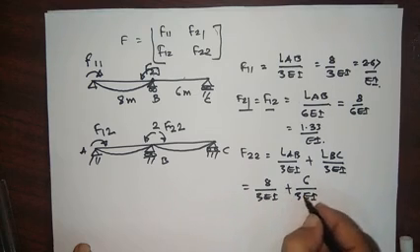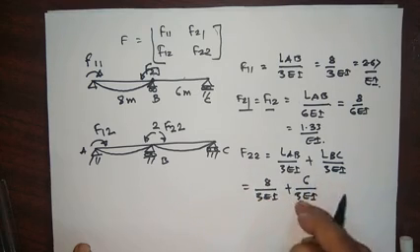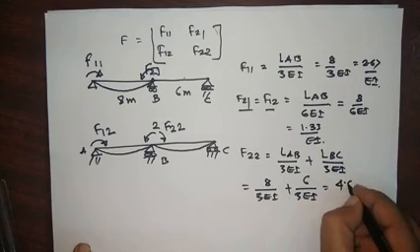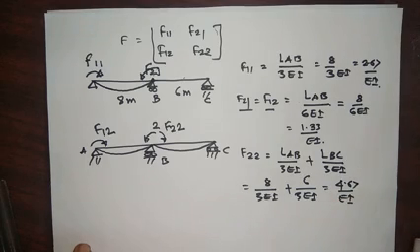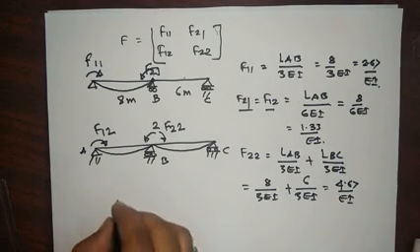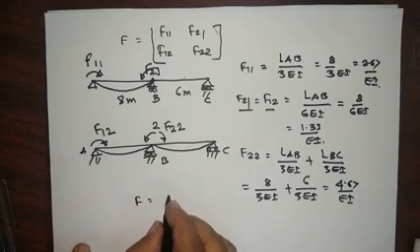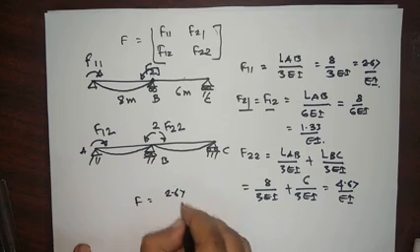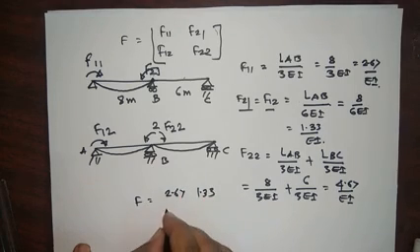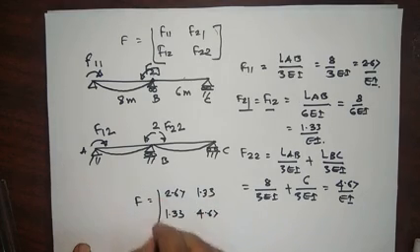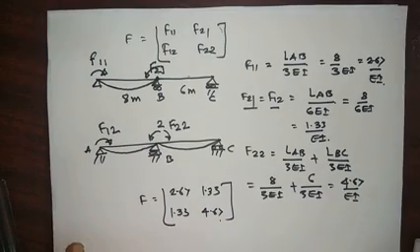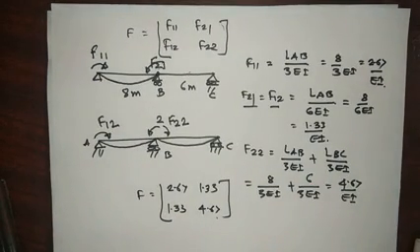So this total becomes 2.67 plus 2, it becomes 4.67 EI. That we have already developed in lecture number 20. Now this F matrix is 2.67, 1.33, 1.33 and 4.67. Okay.